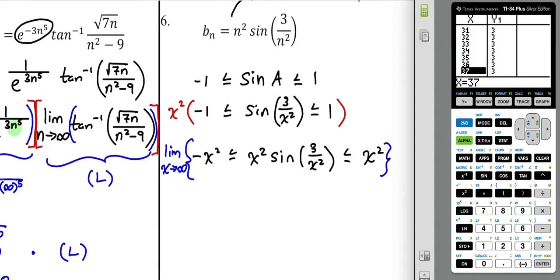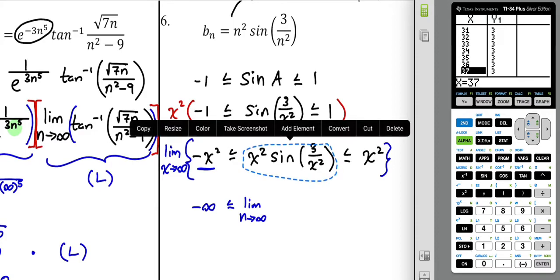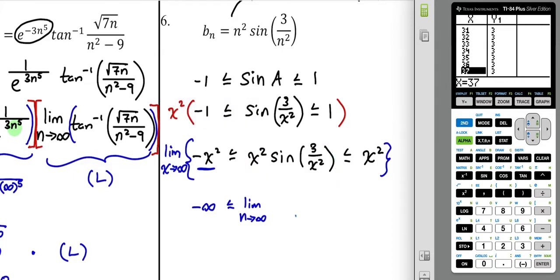All right, so for the low end, we get a negative infinity less than or equal to the limit as n approaches infinity of the middle expression, which in turn would be less than or equal to positive infinity, which is not conclusive. Inconclusive. So we need a different approach, but fortunately we have a function to work off of.